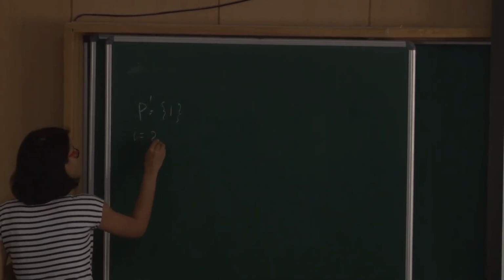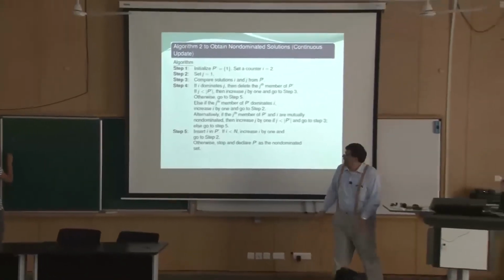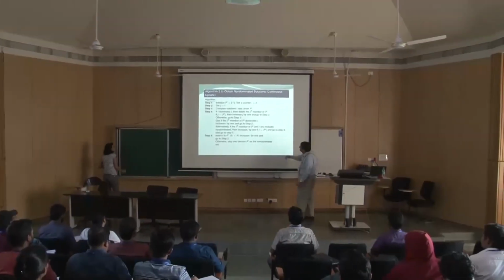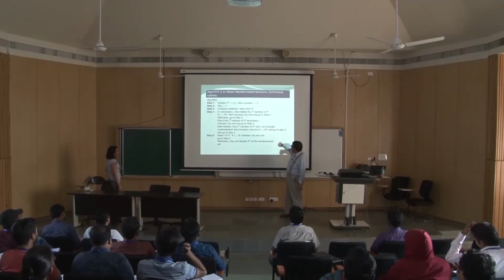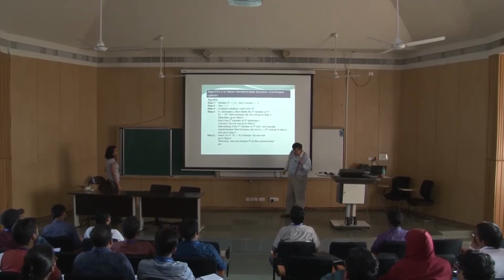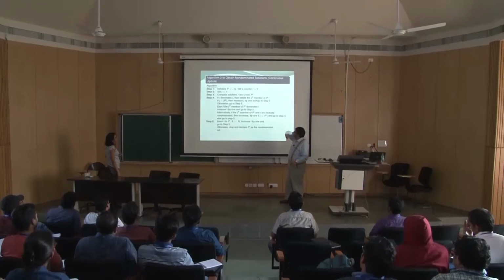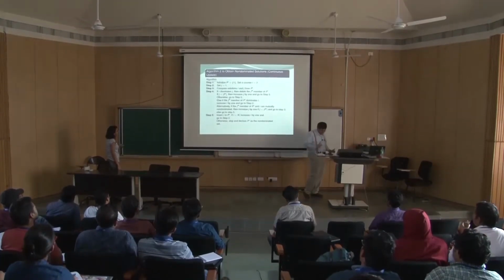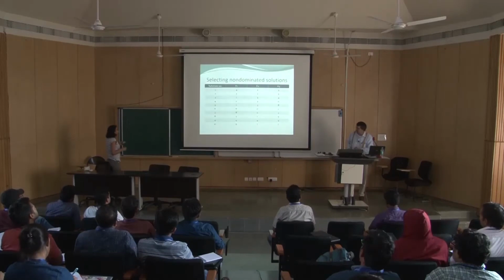So now we set j equals to 1. And take a look at what the algorithm says. We are going to compare solutions i and j from P prime. If i dominates j, then you delete the j member of P prime. Okay, deleting. This is trickier. So let me see if I can get back here.